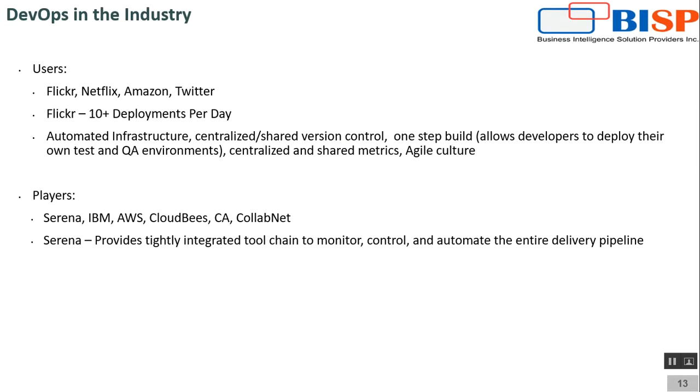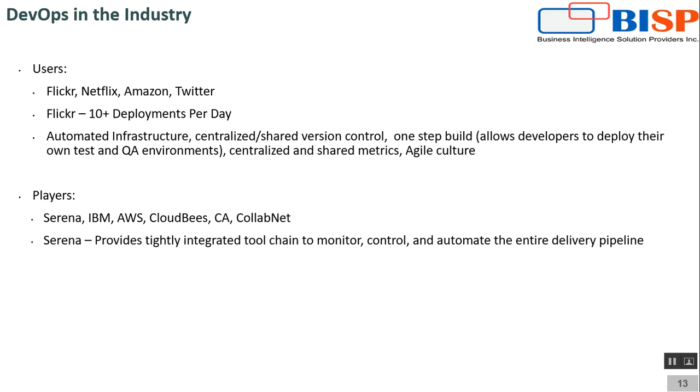Some organizations using DevOps in the industry are Flickr, Netflix, Amazon, and Twitter. These companies provide a lot of deployments to the production environment on a daily basis, which helps them implement DevOps. That is the reason they provide a robust system and deliver functionalities and features to production day by day, compared to other financial companies.